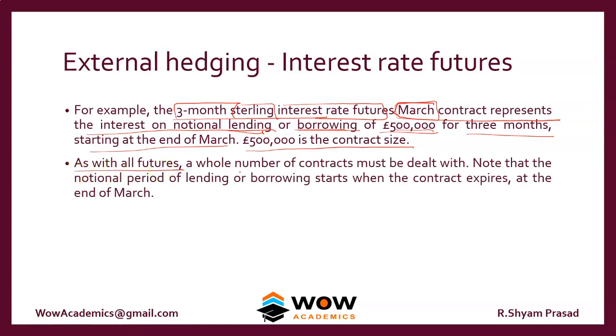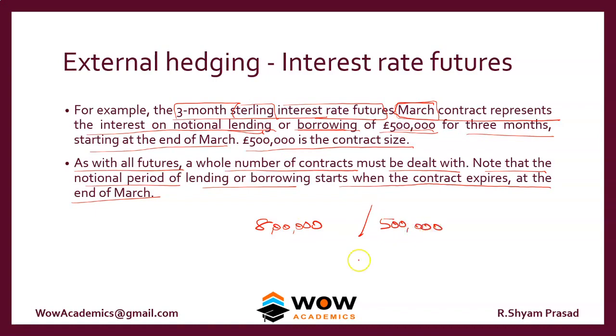As with all futures, a whole number of contracts must be dealt. Note that the notional period of lending or borrowing starts when the contract expires at the end of March. The problem with futures is, assume that you want to hedge something like 800,000, but the contract is available only for 500,000.